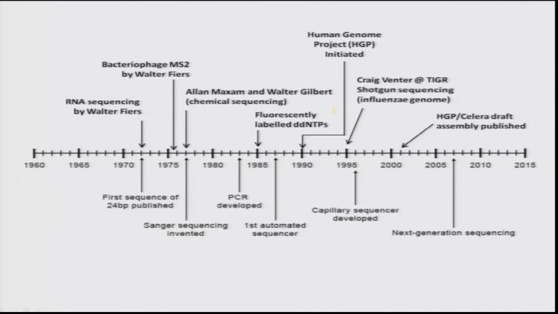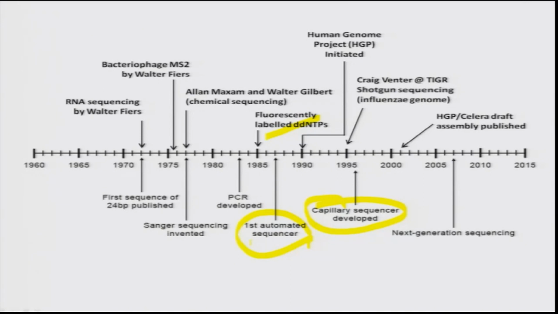So, that is what we discussed. So, you have the fluorescently labeled dideoxy NTPs that changed the way for automated sequencers, and then the capillary sequencers have come, and so it has changed.